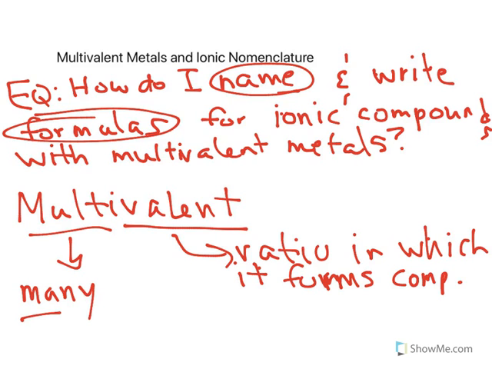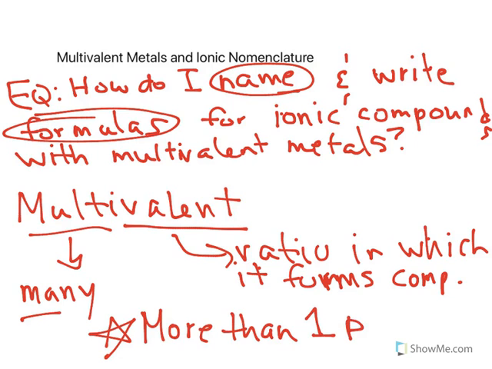So, you remember me telling you how we were going to skip the transition metals because they're weirdos and they do weird stuff and it's complicated? We have arrived, ladies and gentlemen, to our freaky weirdos in the transition metals and what they do. Multivalent means more than one possible charge.